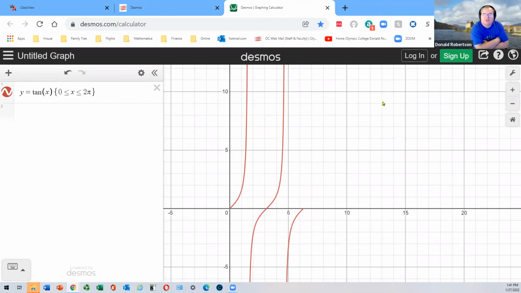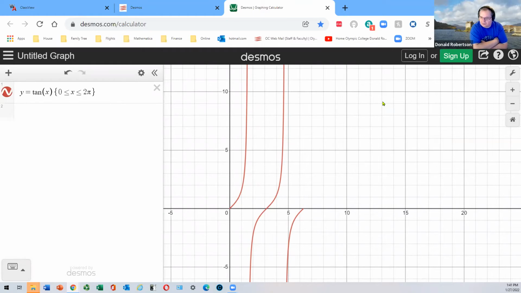Yes, it's pi upon 2, a half pi. A half pi is where the tangent has a problem. The reason is if you do the y coordinate divided by the x coordinate, you end up with 1 divided by 0 at half pi.